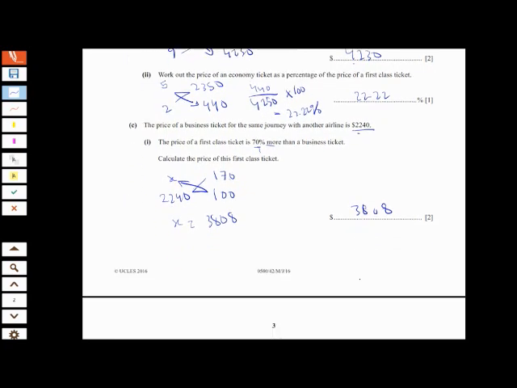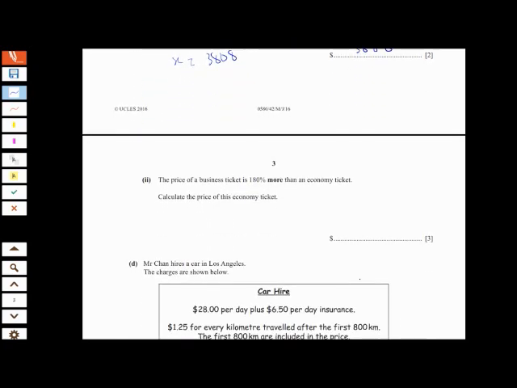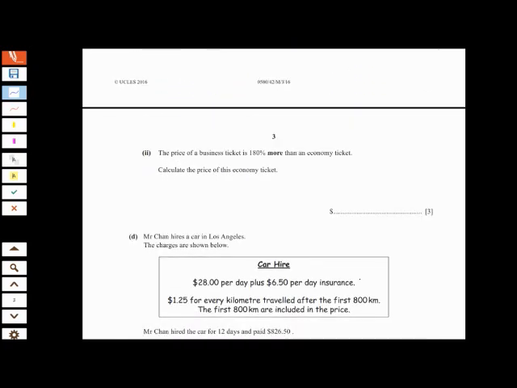Now moving on to the next question, part ii. The price of a business ticket is 180% more than an economy ticket. Notice here, more is in bold, so that you focus on it. Calculate the price of this economy ticket. The price of this is 180% more. As I told you before, more means plus 100, so it's 280%.